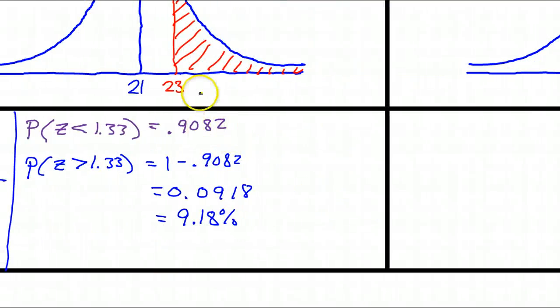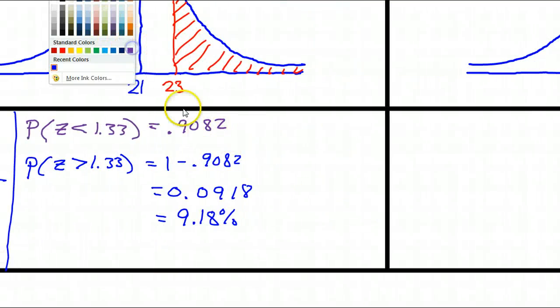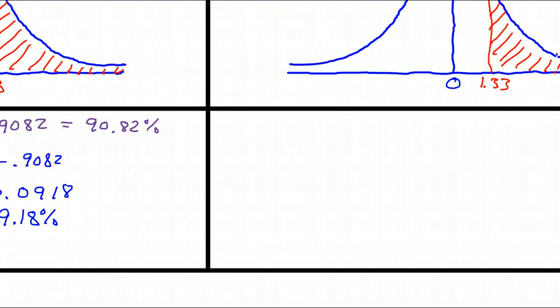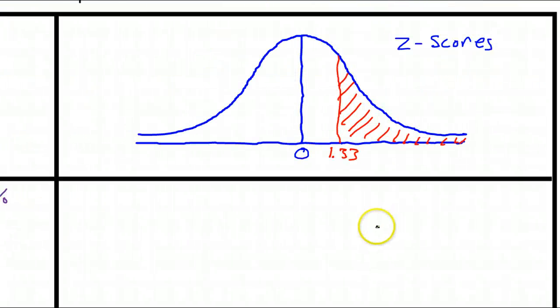Let me put it one more way. A lot of kids are just like, why do we subtract from 1 and when do we subtract from 1? I don't get it. Just please understand that when we use that z chart and we got this number, you understand that this is 90.82%, right? So all you have to understand is that 90.82% is automatically the left side of the picture, because the z-score chart only does left.